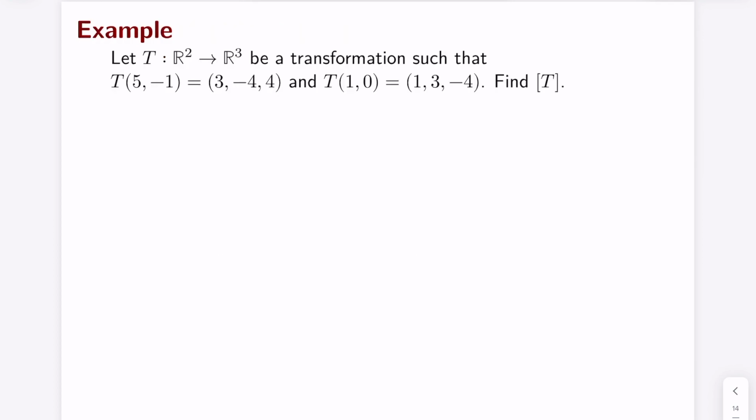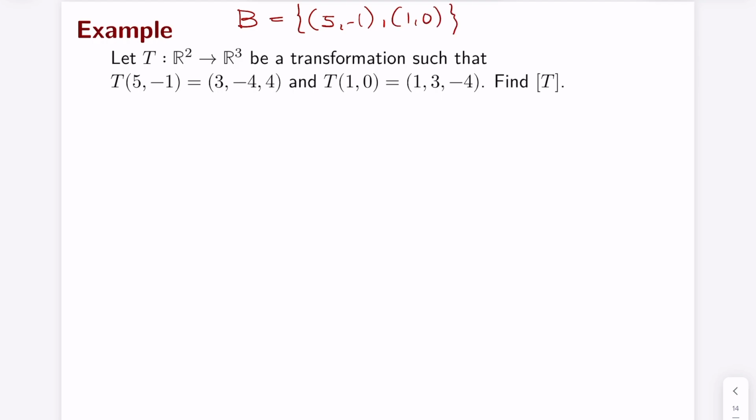In this case, we have a transformation from R2 to R3, and we know the image of this vector is this and the image of this vector is this, and we have to calculate the transformation in the standard basis. So first, let's write down B as the basis given here, the basis (5, -1) and (1, 0).